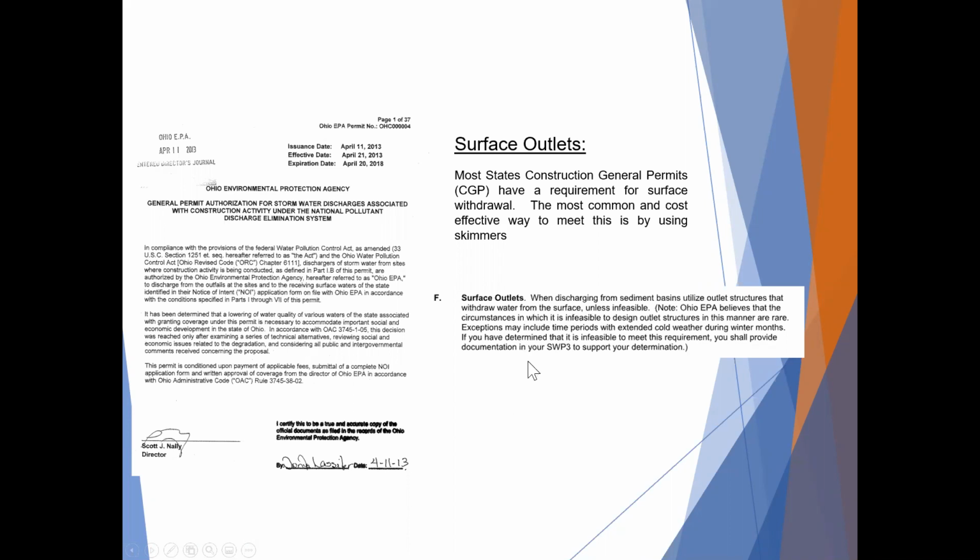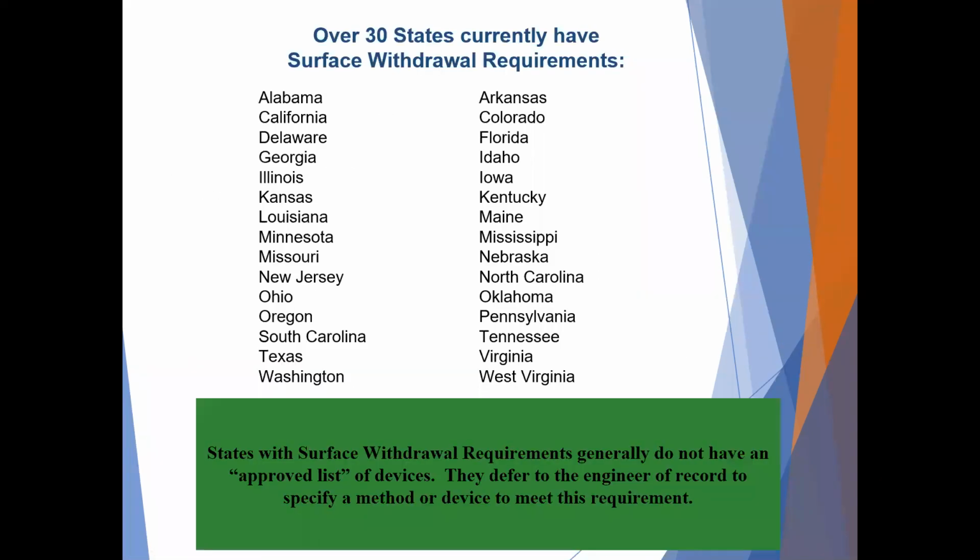Sometimes if you're in a cold climate that has a lot of ice during winter, there could be a period of time when you need to have an alternate withdrawal method, because skimmers and ice don't always work well. But in most cases, you're going to be required to have a surface withdrawal from your basin to meet this requirement.